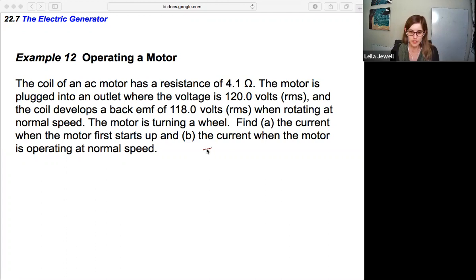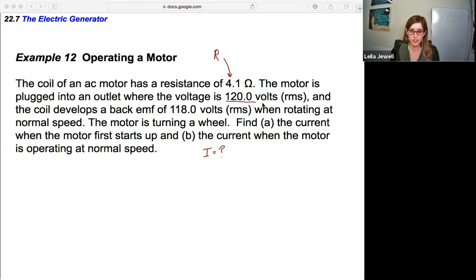All right, so we're trying to solve for current here. And we know a few things, right? We know the resistance R, so that is helpful. We also know that the outlet provides this voltage of 120 volts versus the back EMF of 118 volts.